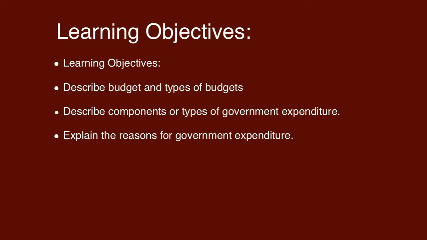Current expenditure is what we call operational expenditure, spending made to run the government's day-to-day operations. Whereas capital expenditure is on projects or buildings, such as highways and roads. It is all development expenditure. Finally, you should be able to explain the reasons for government expenditure as well as taxation.